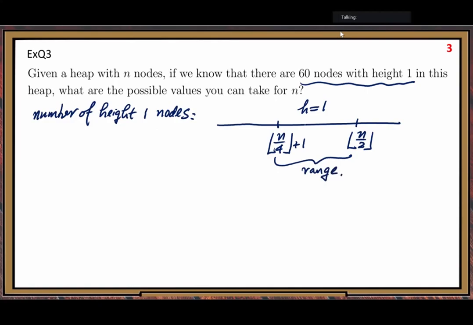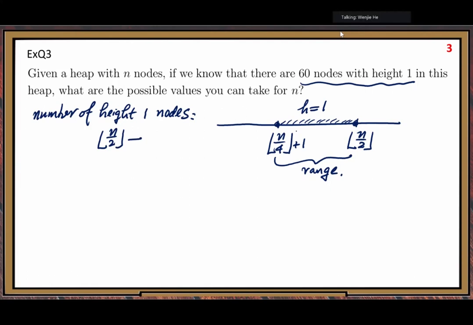We need to count the number of elements in this range, inclusive, including both endpoints. We did that before: the upper bound, n over 2 floor function, minus the number right before the lower bound.